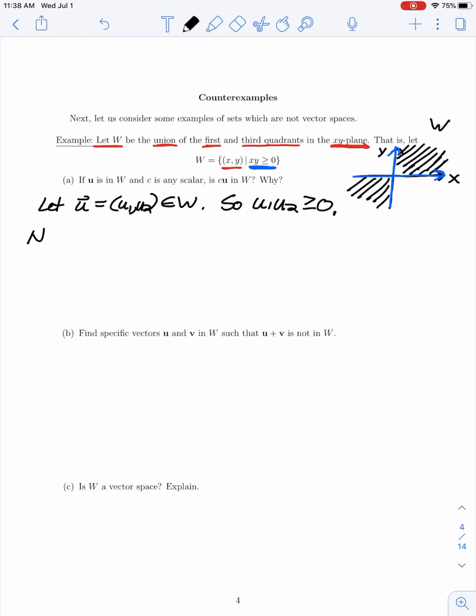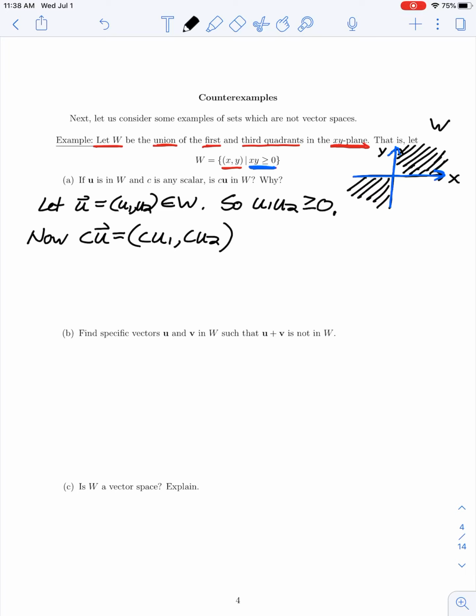Now, if we're looking at a scalar multiple of the vector u, using the standard scalar multiplication for vectors, we're taking each component of our vector and multiplying by the scalar c. So we have the vector (cu1, cu2), and the question is, does this lie in the set W?